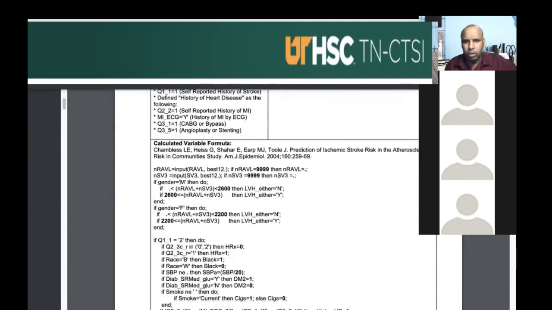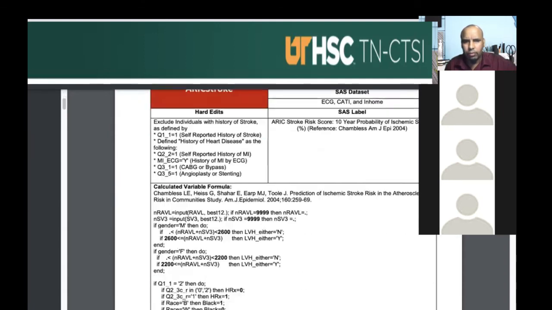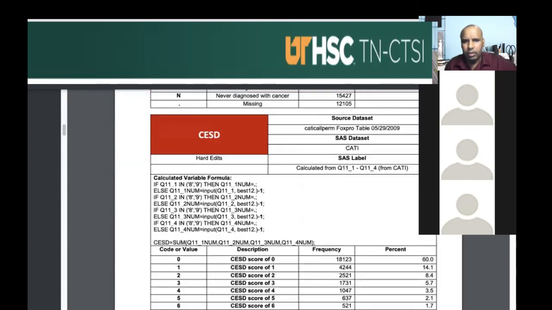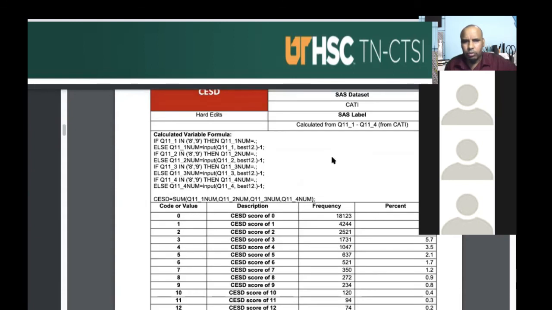But if we keep going, we have other data, like code or value description, frequency, and percent.